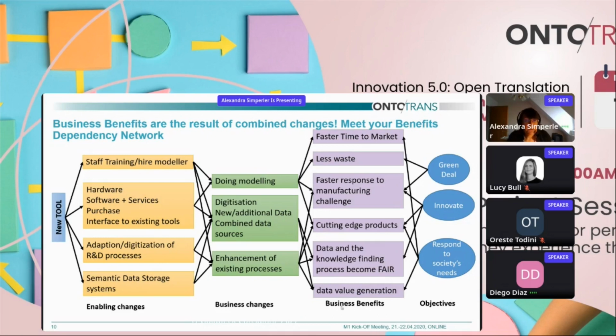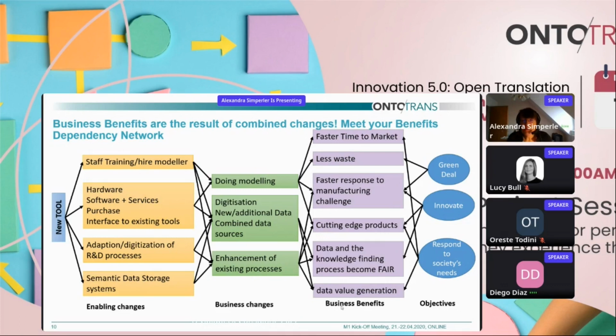Do I need software and services? Do you need to purchase something? You have existing tools. How can we interface? Your R&D process will need to adapt, digitize maybe. And we need some sort of semantic data storage. We know about this because OntoTrans has OntoIn, which needs something semantic. And now you realize when we go into the business changes why this effort is worth it.